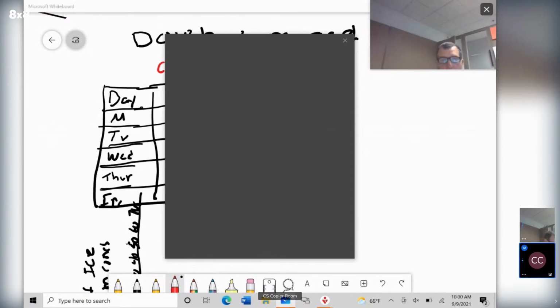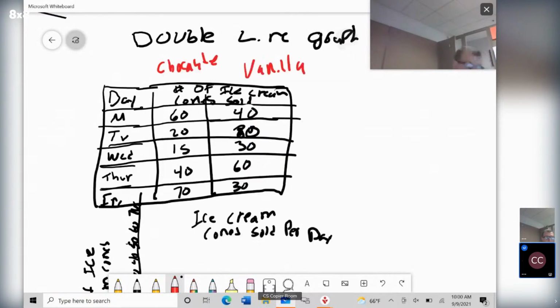We have vanilla and we have chocolate. And you can see we have the days, Monday, Tuesday, Wednesday, Thursday, Friday. And then we have the number of cones sold each day. So we're just comparing on each day how many vanilla cones were sold versus how many chocolate cones were sold.